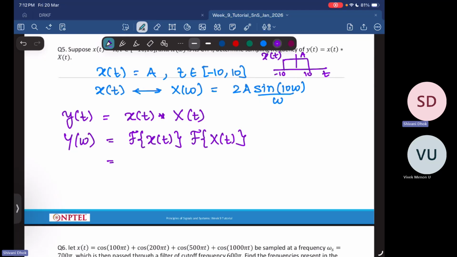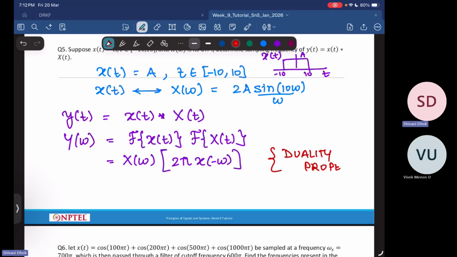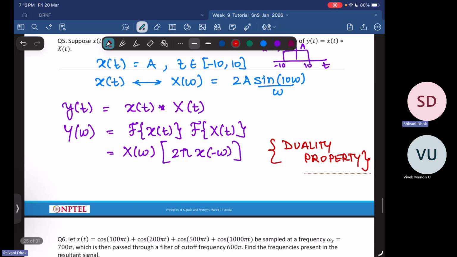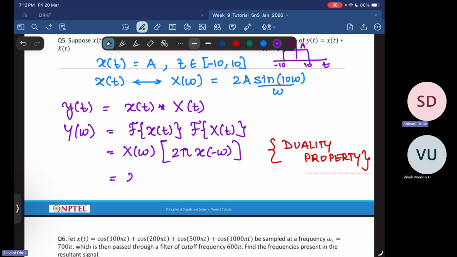The Fourier transform of little x of t is x of omega, and the Fourier transform of capital X of t will be given by 2 pi into little x of minus omega. This comes from the duality property of the Fourier transform.